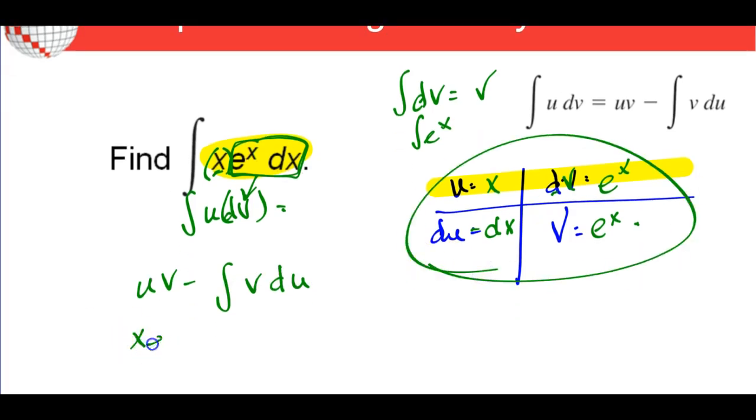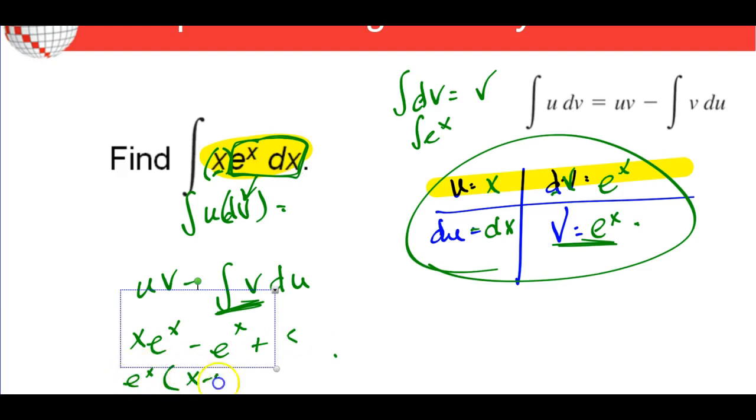So uv minus the integral of v, well, the integral of v is the integral of e to the x, which again is e to the x, plus c, and then I can factor out an e to the x, leaving me with just x minus 1 plus c. So there's your first look.